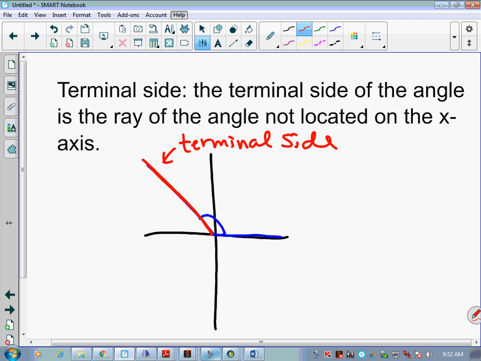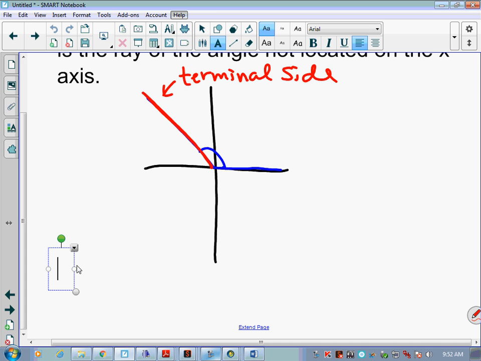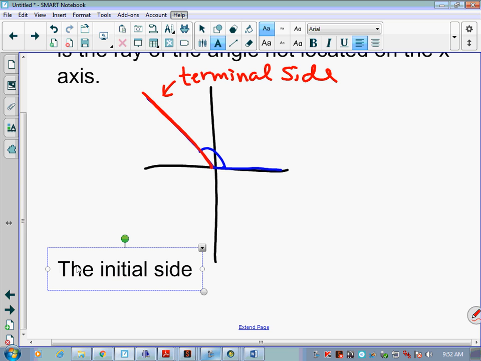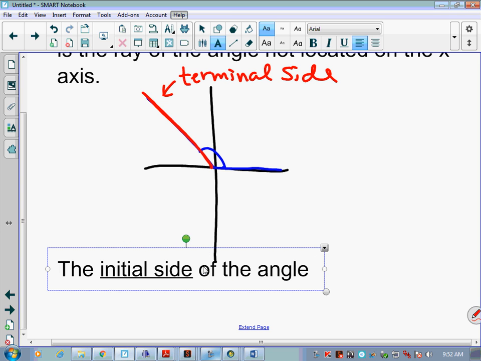Which brings us to the next part, the initial side. Let's scroll down here and talk about the initial side. Let's underline this. The initial side of the angle is located directly on the x-axis.